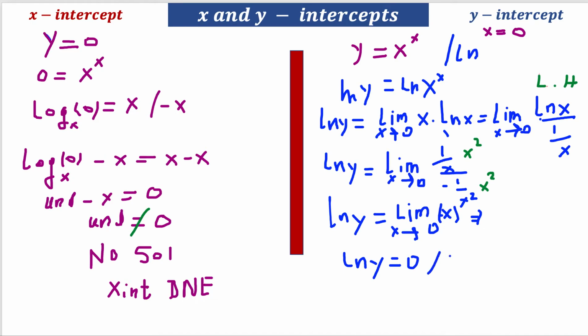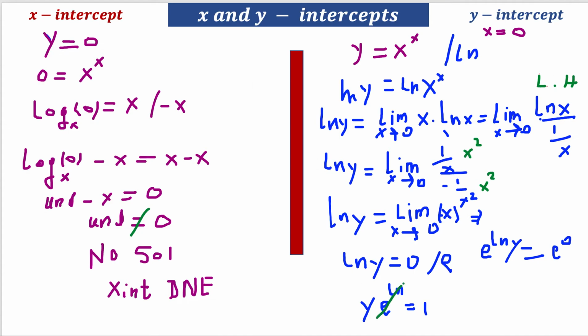If we exponentiate both sides, e to the ln y is going to be equal to e to the 0. So here we have y times ln e, and we already know ln e is 1.